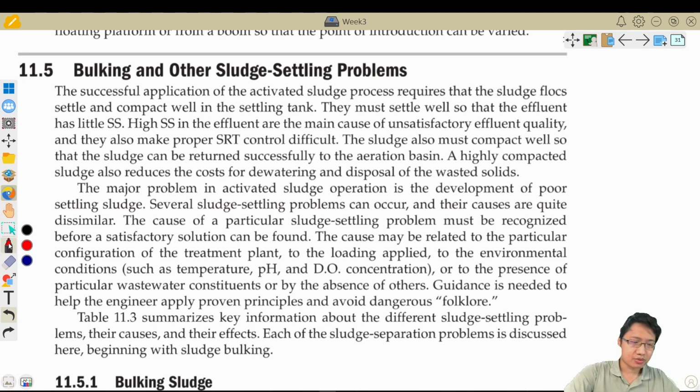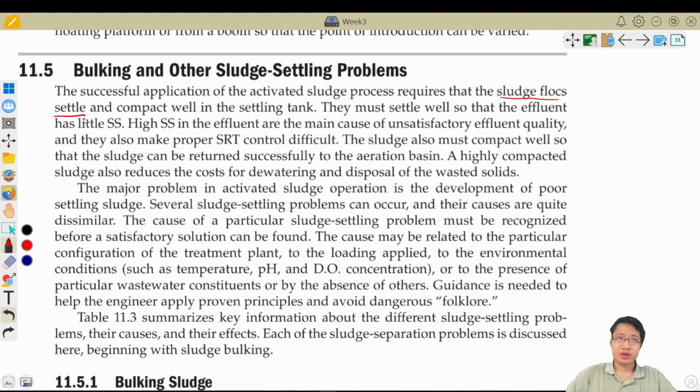As we just learned, if the sludge flocs settle compactly, you will get very concentrated sludge in your settling tank.